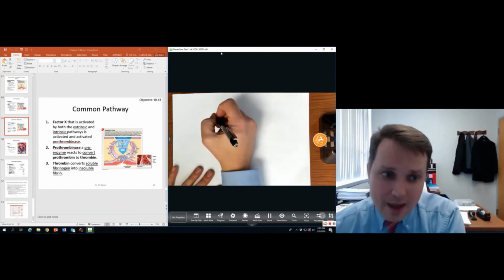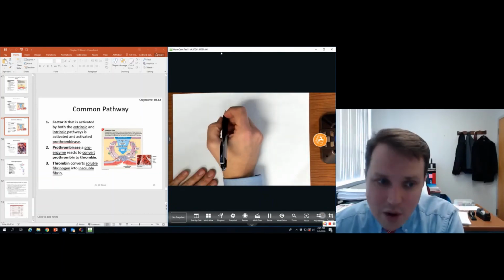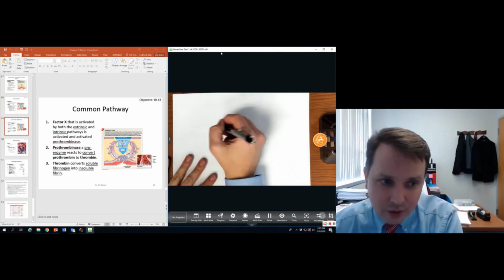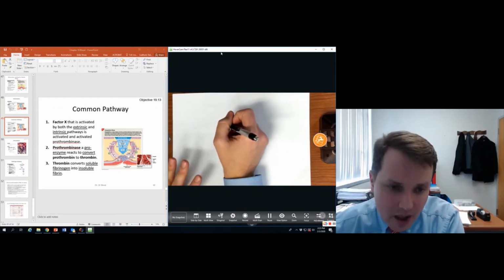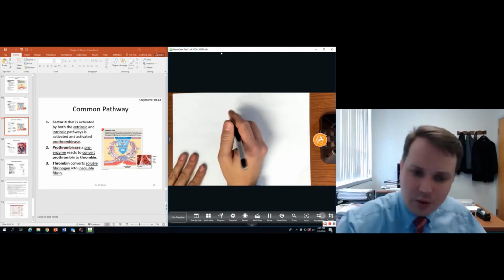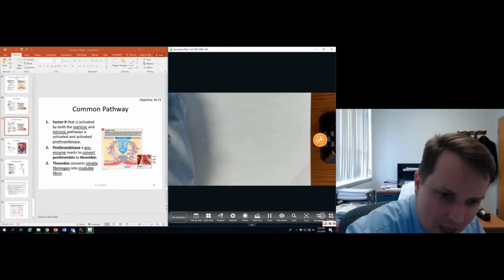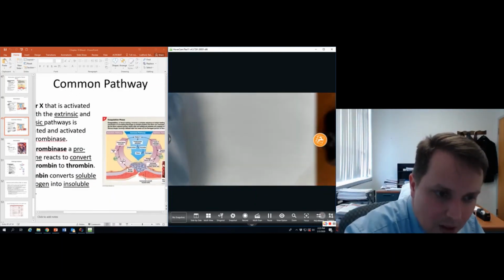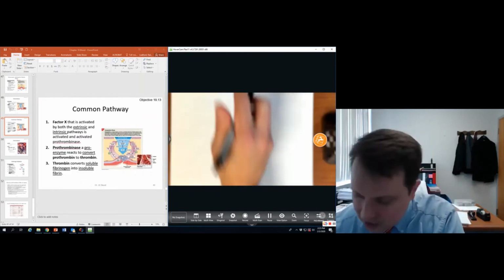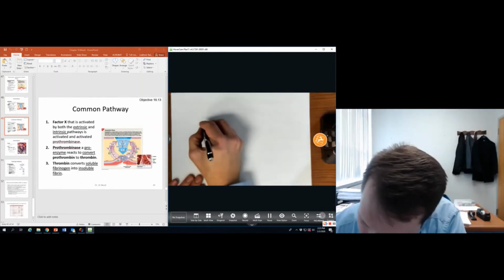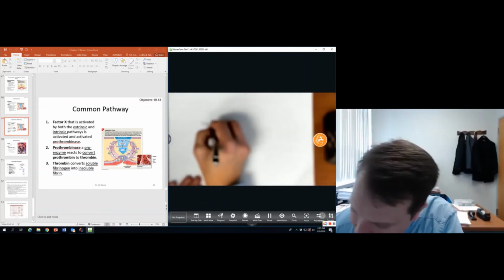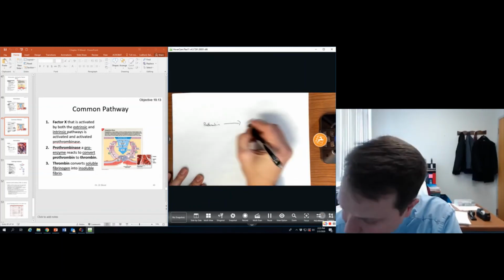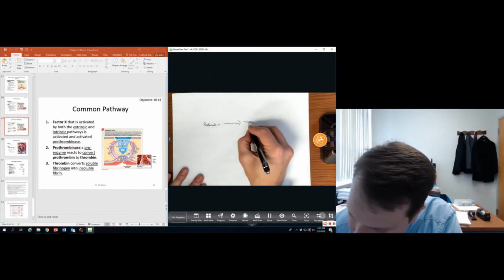In plasma, we have a proenzyme that is present. When you see pro something, we know it's before. We need to take a material called prothrombin and convert that to thrombin.